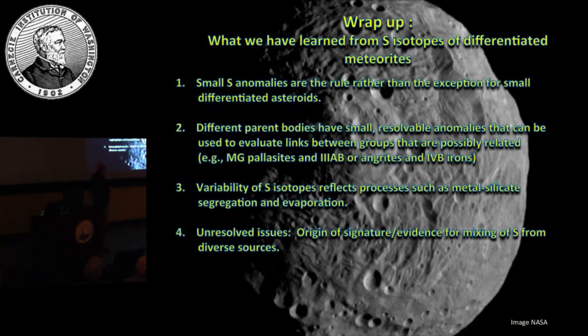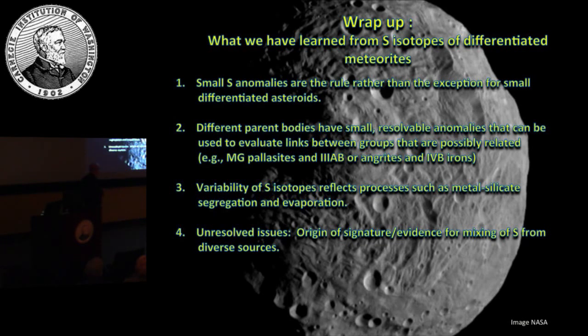So what have we learned? I think we've learned that these small sulfur anomalies are the rule rather than the exception for these small asteroids. We've learned that different parent bodies have small resolvable anomalies that can be used to evaluate links between the groups. These are not going to be able to be evaluated the same way as oxygen isotopes, but there should be a consistency if you want to make those arguments.